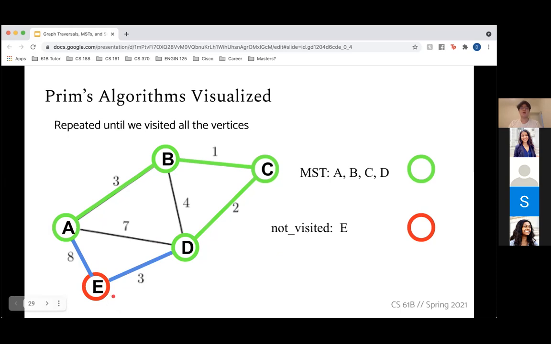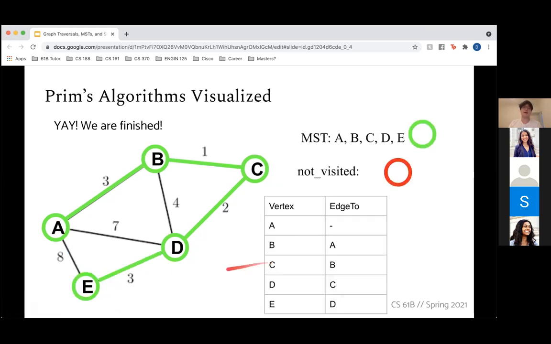And because we want to be choosing the minimum crossing edge, we're going to be adding DE to our MST. And once our not visited set is empty, then we've visited all the vertices within our Prim's algorithm. This will then give us our MST. You can see that A to B, B to C, C to D, D to E gives us our MST.